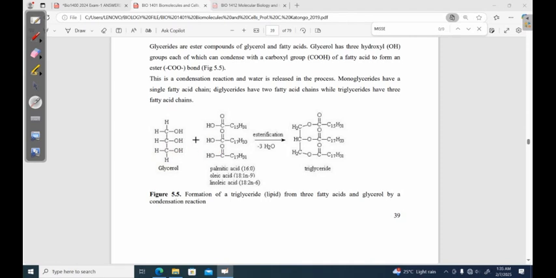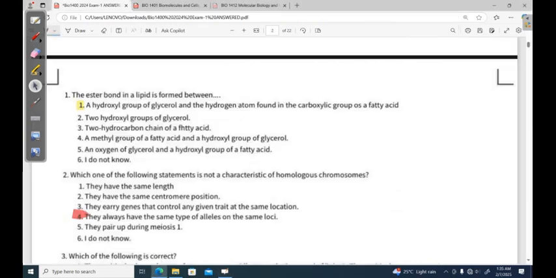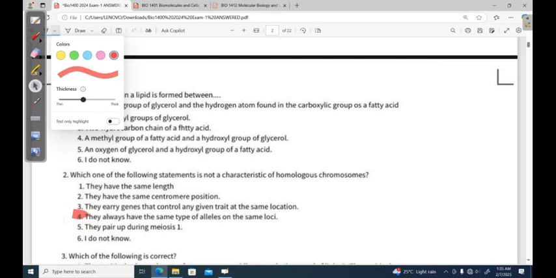That's what forms the ester. This is what we call esterification. So let's go back to our question about the ester bond. That's why our answer was A.